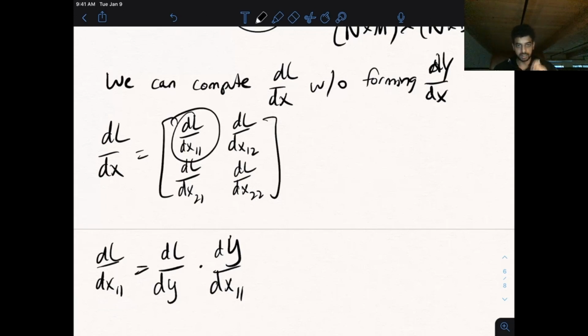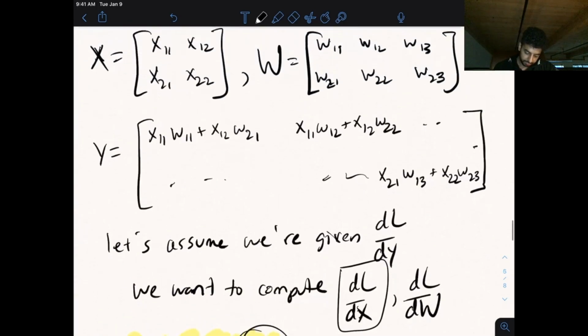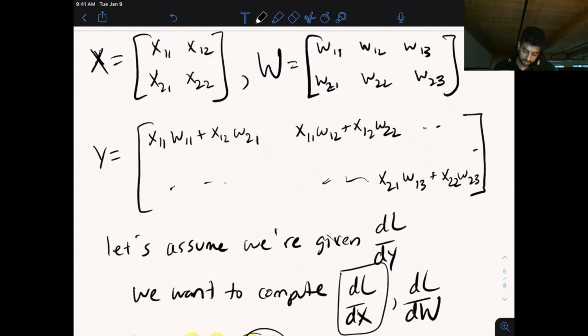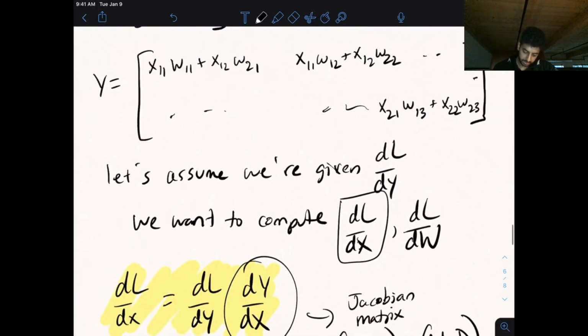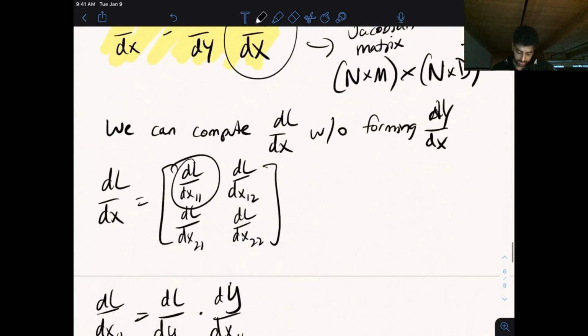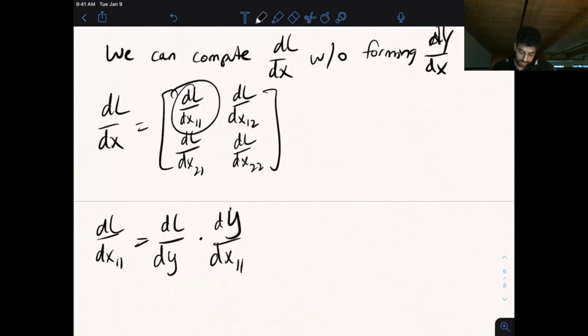And we want a way to get a scalar out of this. We know that dl dy is going to be a 2 by 3 matrix because it's the same shape as y. We can also write this term here as a 2 by 3 matrix and compute this scalar with an element-wise product of these two. I'm sorry, the dot product.